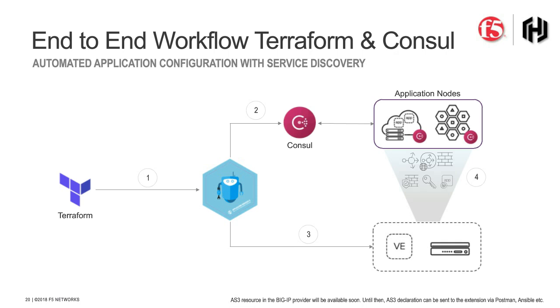Testing, infrastructure, networking, and that ultimately will make our application delivery faster to get these applications out, into the fleet and actually get them servicing traffic, right? The applications aren't going to be useful until we can actually get to them and they can receive traffic. So again, Terraform is just one way that you can do this end to end. But if you have Terraform and Consul and F5 and you have Big IP, you can combine all these tools to sort of have a unified approach to this workflow.